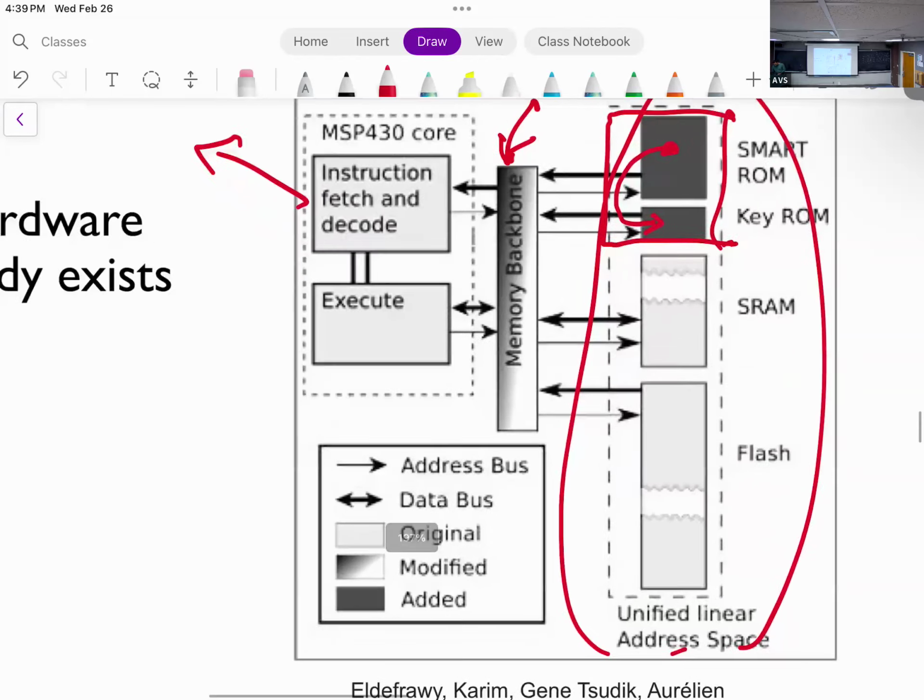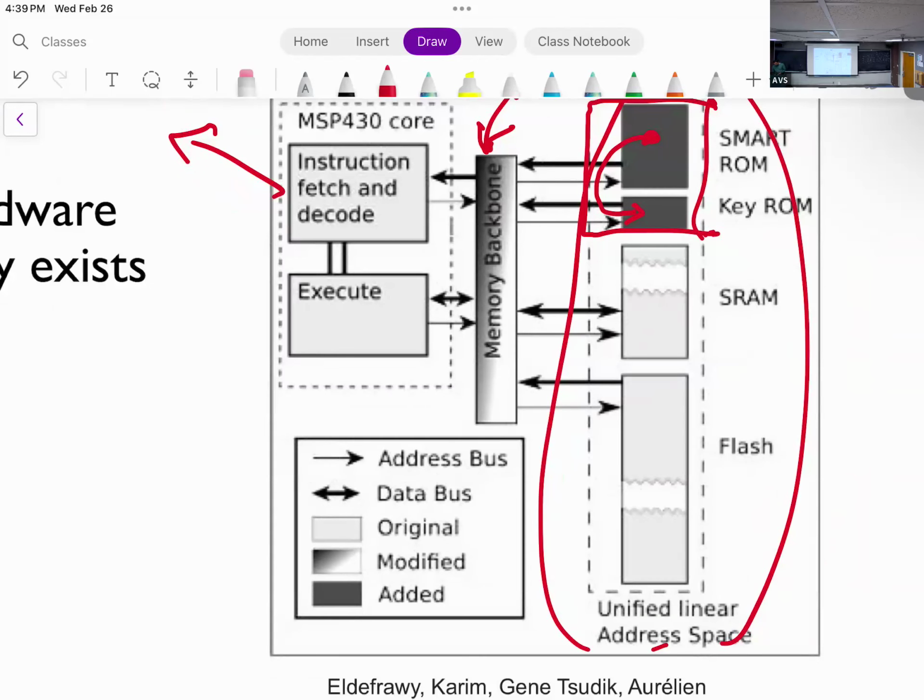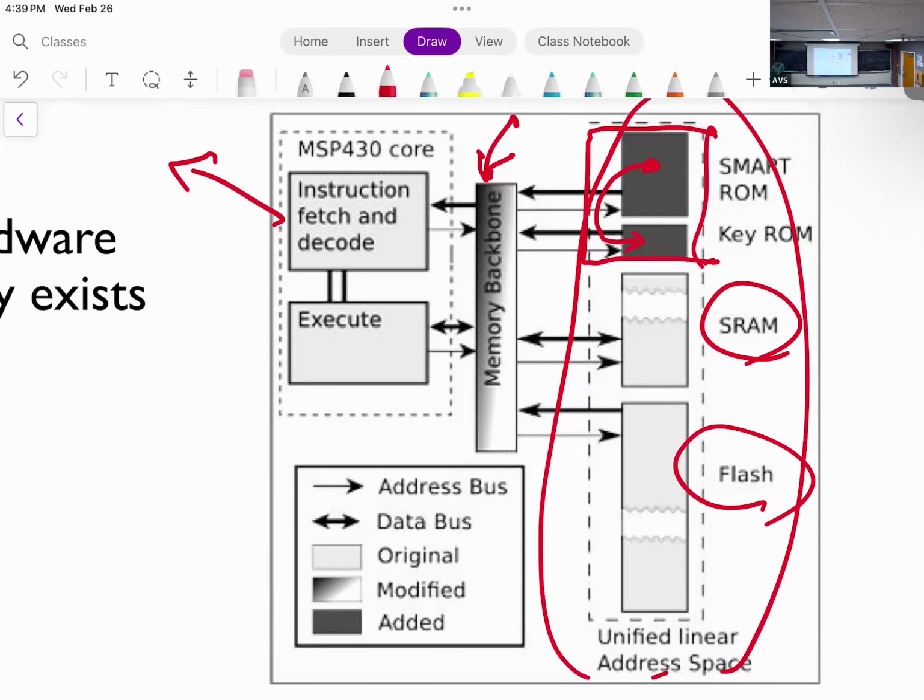So the rest is the same. You still can have your SRAM and your flash. Everything else can be stored there. But essentially, you need to change the system. You need to change the memory such that you have the key ROM and the attestation ROM. Again, SMART is the name of the paper, that's why it's called SMART ROM.